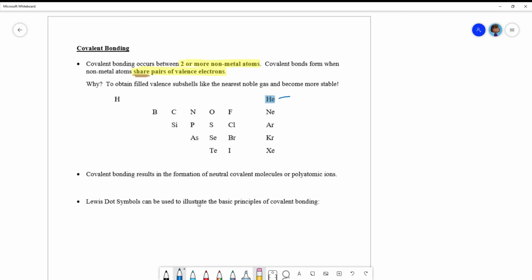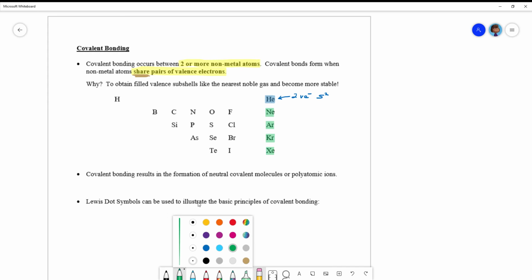Now, helium is a noble gas, but it's a bit of an exception. Helium is a noble gas with just two valence electrons, and these valence electrons are in an s orbital. It's an s2 configuration, because the only valence orbital of helium is its s orbital. Meanwhile, we have neon, argon, krypton, xenon, also in group 8A.